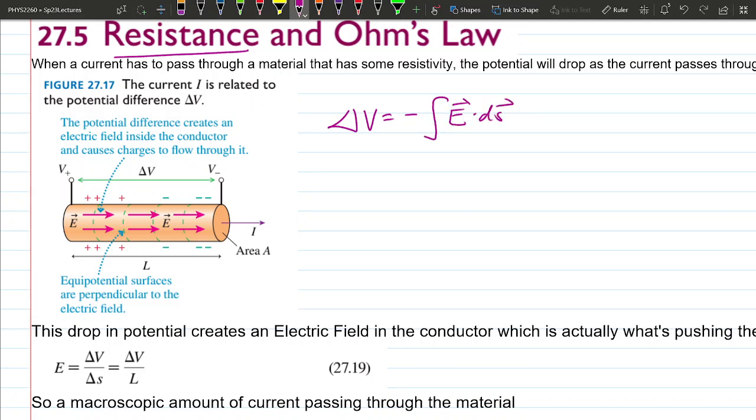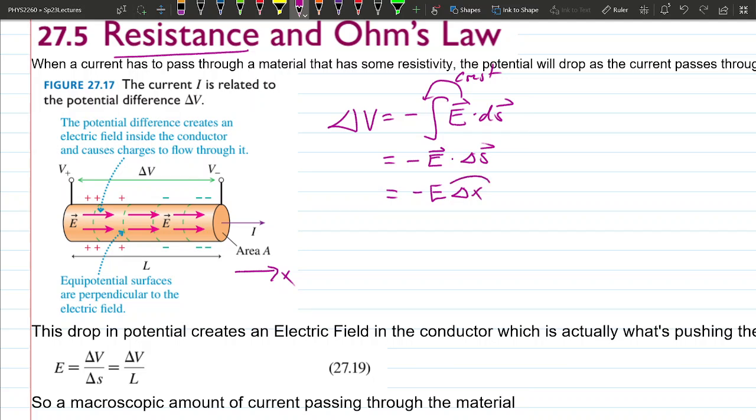But let's say we can assume that the electric field is constant inside that conductor. This allows us to bring out the electric field, and therefore this just turns into E dot delta s. In this case, if we just make it along the x direction, this is just going to be negative E times delta x.